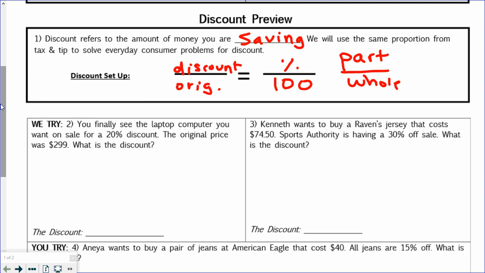The first one says you finally see the laptop computer you want on sale for a 20% discount. The original price was $299, so what is the discount? So we're going to use our setup. The original price was $299. We don't know the discount, and the percent always goes over 100.